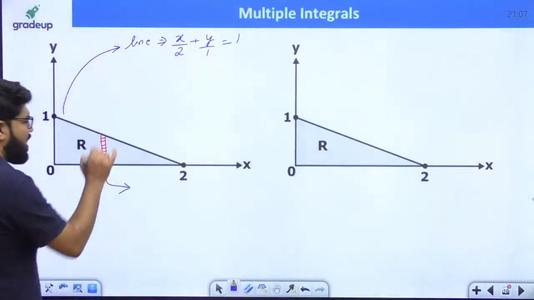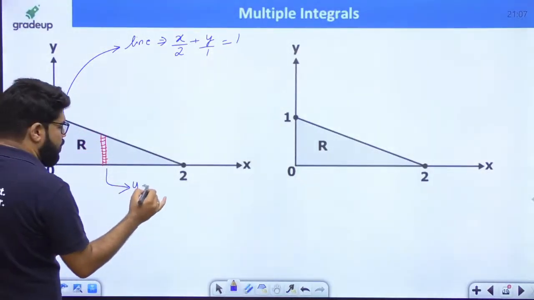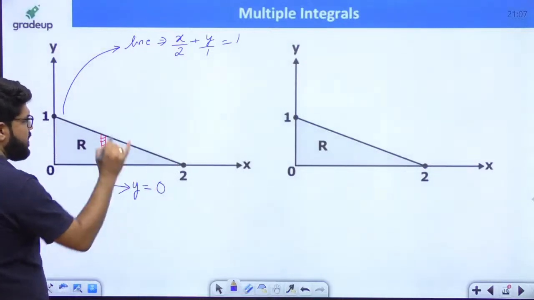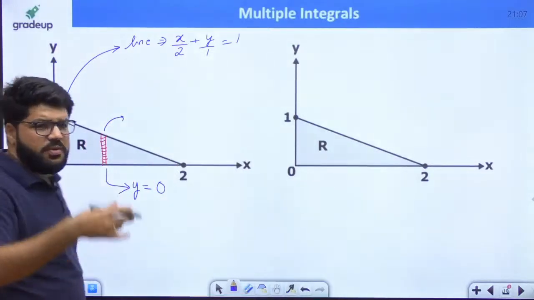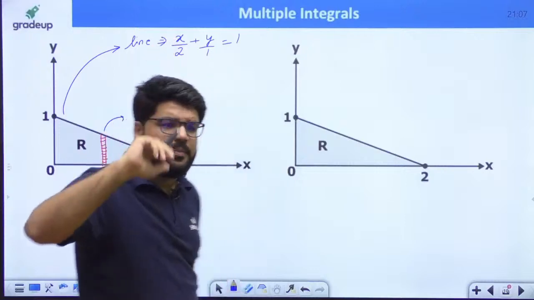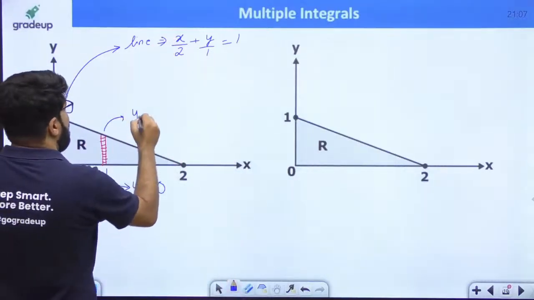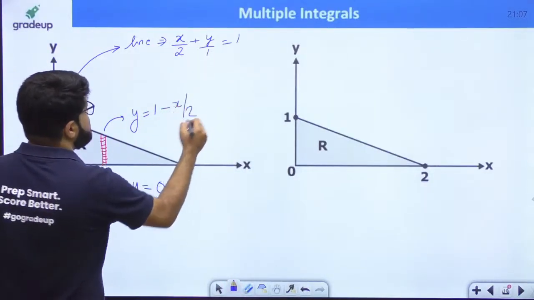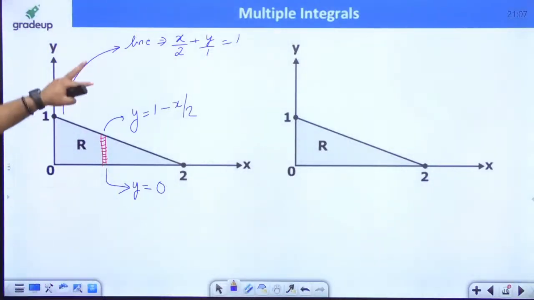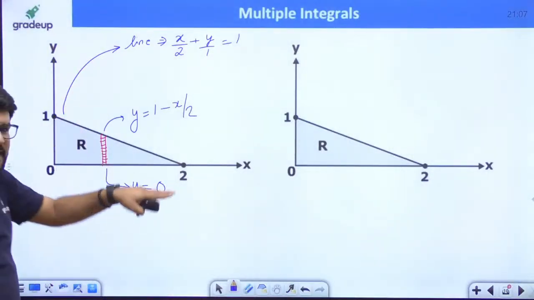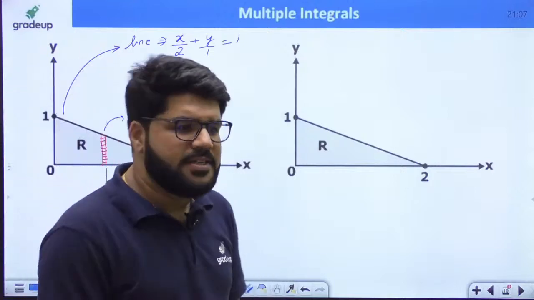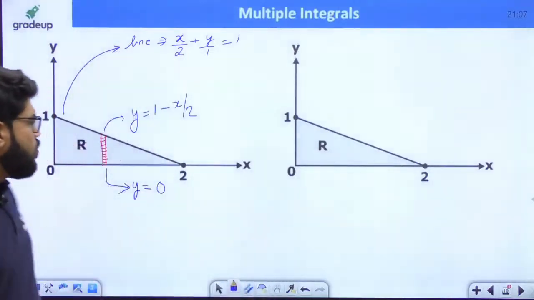So, what is the upper and lower limit of the strip? The lower point is on the x axis, so y is 0. Because it is the vertical strip, vertical means y direction, so we find the limits of y, and for the upper one, y is equal to 1 minus x by 2. Why? From the equation of line, because the upper point is resting on the straight line whose coordinates are given by y equal to 1 minus x by 2.